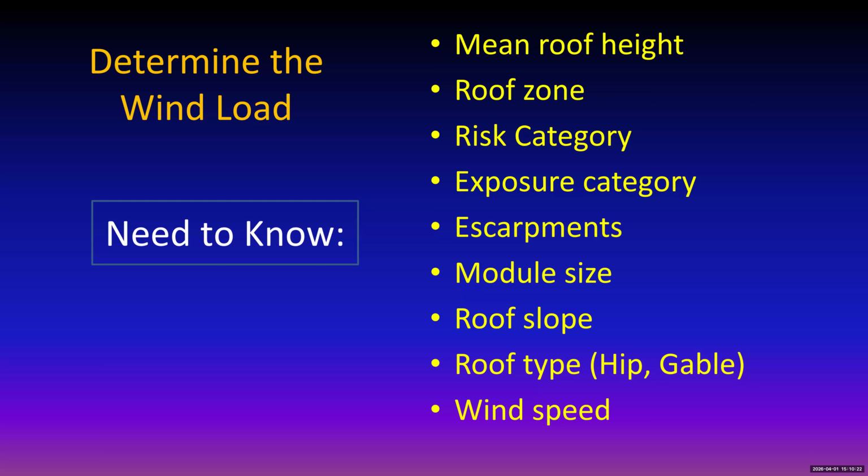So the wind speed is based on data that comes in from NASA, but it's also depending on risk category. There are different wind speed curves for different risk categories. If it's a high risk area, you're going to design it for a higher wind than if it's not a high risk building. Okay, straightforward.